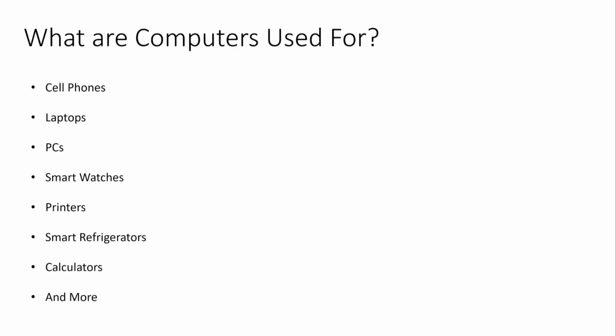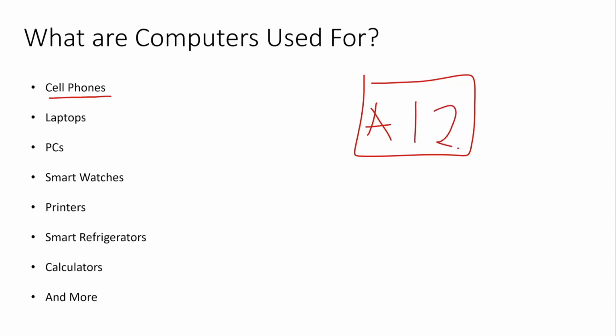First, let's take a look at cell phones. I'm sure that most people's parents would have one. In a lot of Apple phones, each year they talk about the new A12 Bionic chip and how much more powerful it is. This is the CPU, the thing that runs the phone.